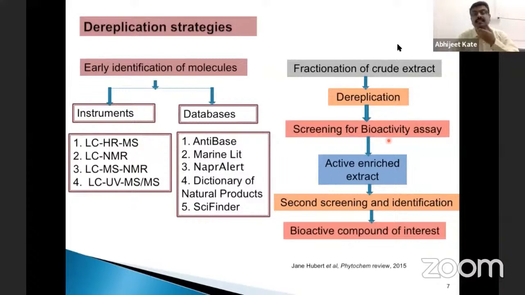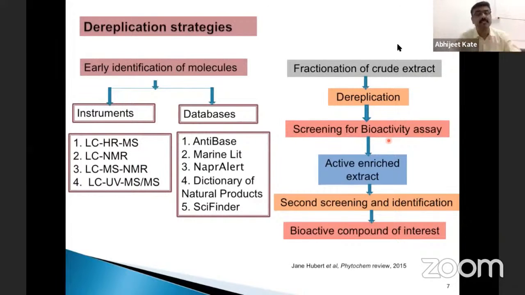While in the other case, if I apply dereplication first, whichever extracts are known ones, I will eliminate immediately. There might be an anti-cancer molecule there also. So you get different extracts at the end. These kinds of strategies are very important and should be thoroughly analyzed and put forward thoughtfully, because the end product will be different depending on which you apply.